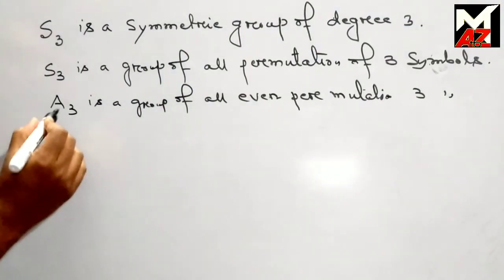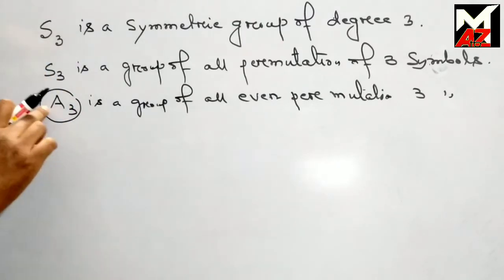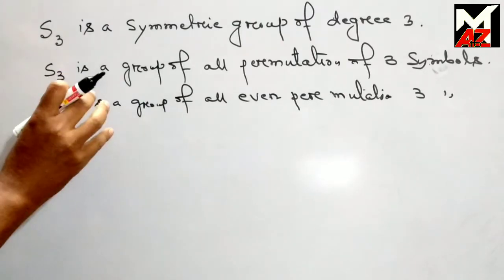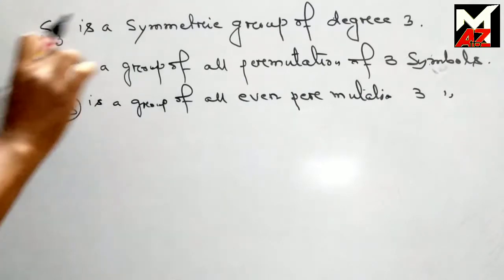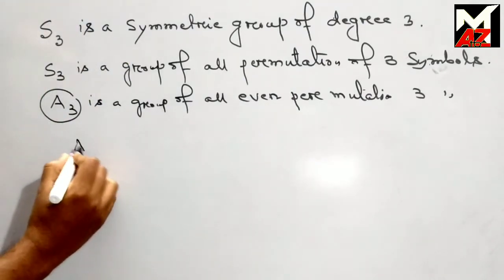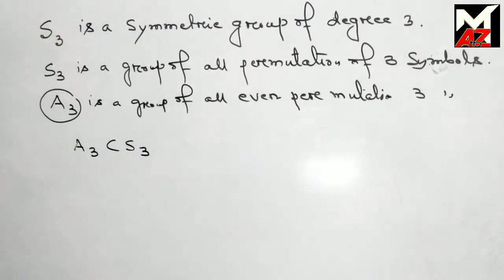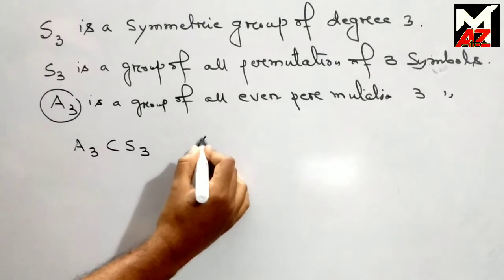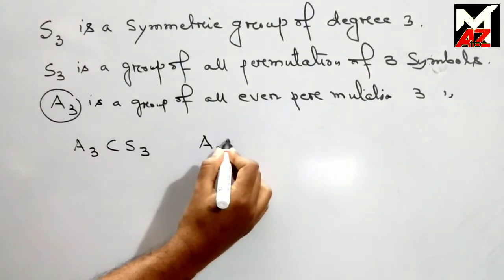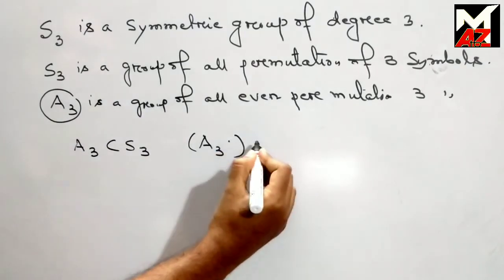That is, A3 is a subset of S3 because it contains all even permutations, and S3 contains all the permutations of 3 symbols. So A3 is a subset of S3. Also A3, together with the multiplication of permutations, is a group.